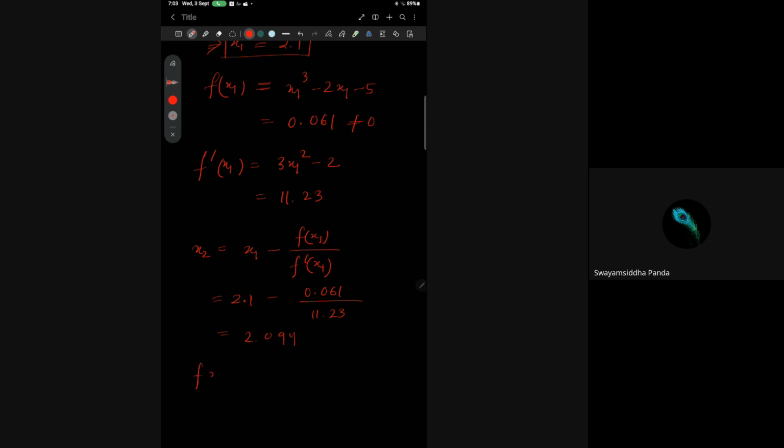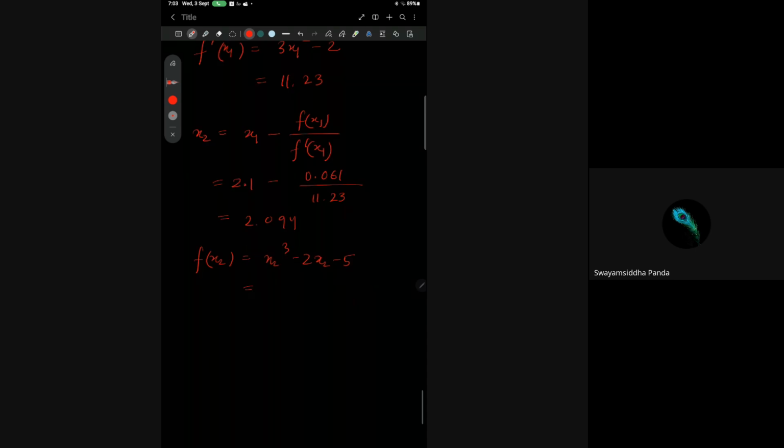Okay, so what is f of x2 now? That is basically x2 cube minus 2x2 minus 5.